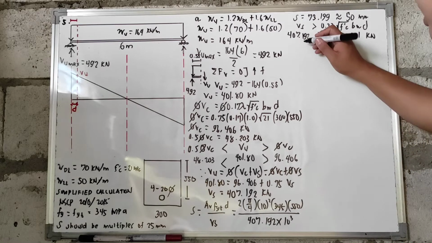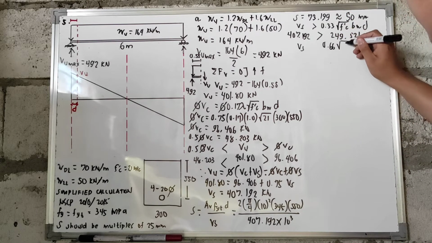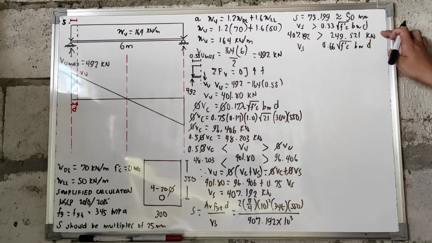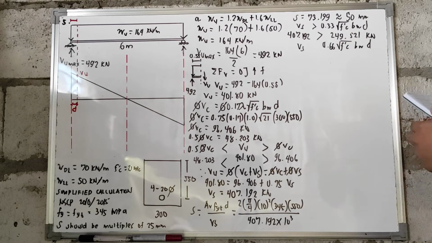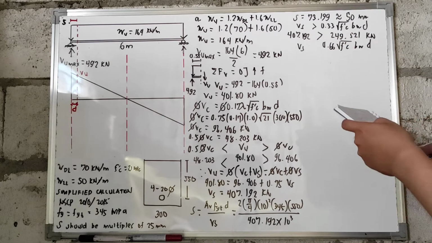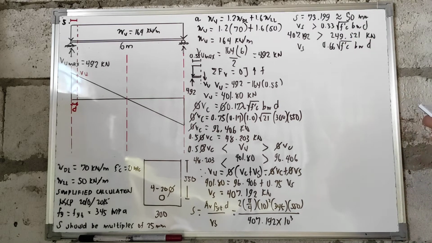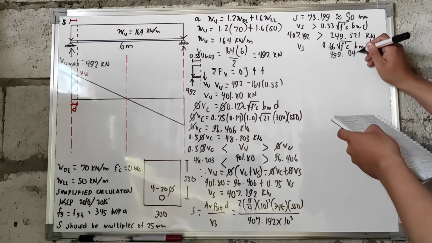Ngayon, compare naman natin ulit yung V sub S natin to 0.66 square root of F prime C BWD. O yung value neto, ito twice natin. So, 249.521 times 2. So, you will have a value of 499.042.